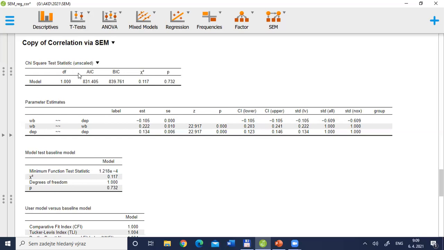We have here degrees of freedom, which is 1. We have the value of chi-square, which is 0.117. This chi-square is the test criterion for this test, and it is measuring the difference between the covariance or correlation matrix from my data and from my model. This value is quite low. If you go back to your previous statistical knowledge, you know that the normal distribution classical quantile, which is 97.5, is 1.96 or 2, and chi-square for 1 degree of freedom is nothing more than the second power of this normally distributed variable.